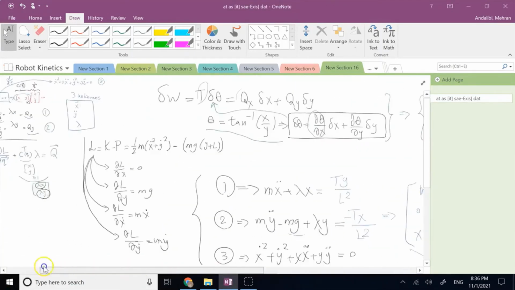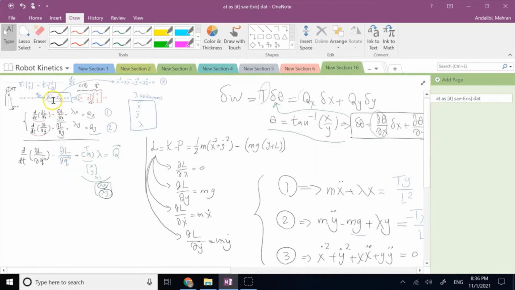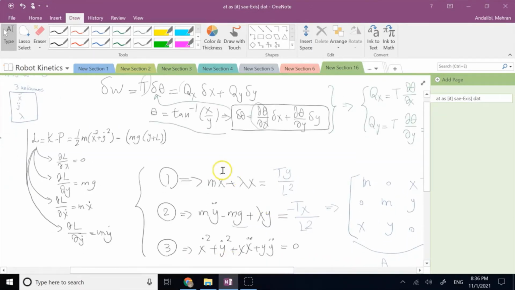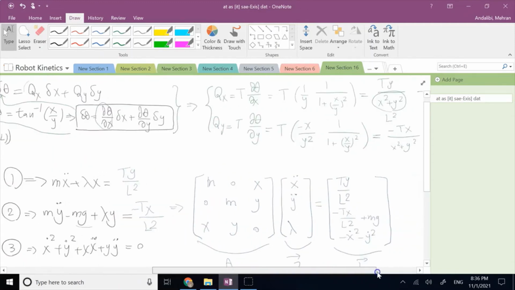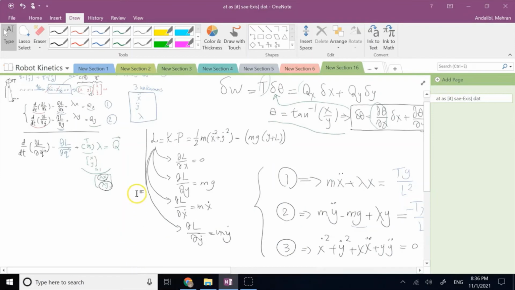And this approach, as I said, can be used when the constraint equation cannot be solved to eliminate one or several of these q values, the generalized coordinate based on something else, right? So even if it was not as simple as this x squared plus y squared minus L squared equals 0, you still could use this approach by introducing these Lagrangian multipliers and basically getting more equations. That's what it is, but you can always get your equations of motion here.